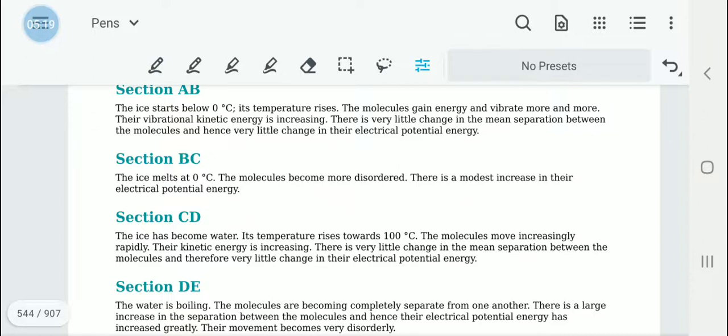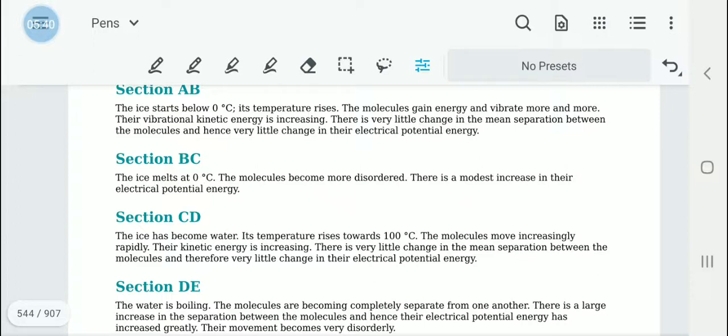Then C to D, from 0 to 100 degrees Celsius, the molecules move increasingly rapidly. The higher the temperature, the higher the movement. At this point, it is still in water form.